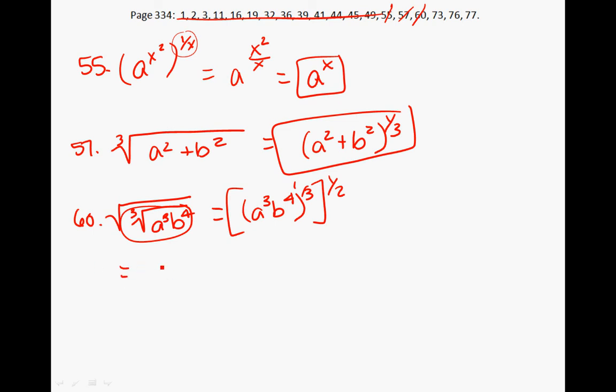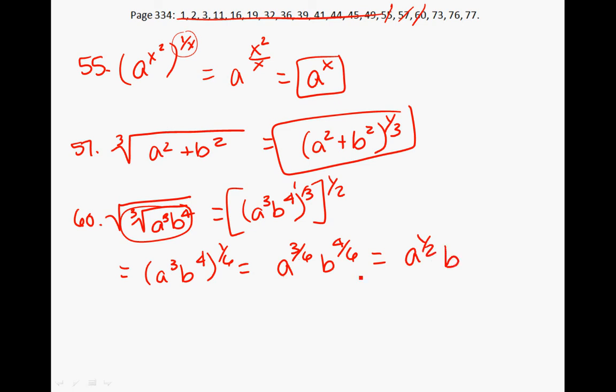So if we simplify this a little bit, we have a cubed b to the 4th times 1/6. And then we can further simplify them like this. So I just pulled in that 6 to be part of the fraction. So a to the 3/6 is the same as a to the 1/2, and b to the 4/6 is the same as 2/3. So that would be my answer. Okay.